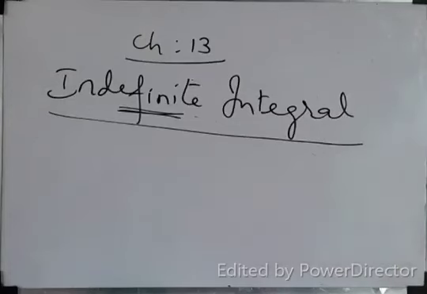Suppose you are doing multiplication for differentiation, then for integration you have to divide. Do you understand? For example, first we will do differentiation, then I will connect. Now, what is the differentiation of x cube?